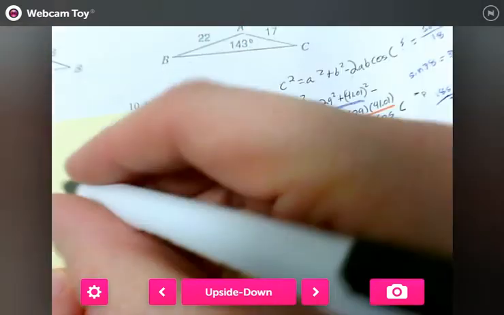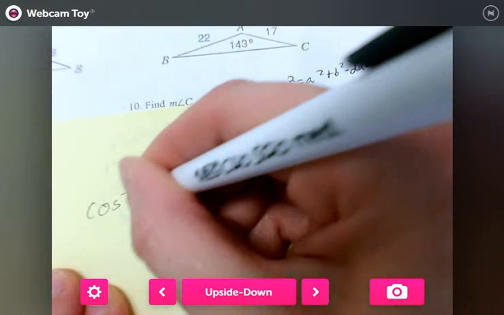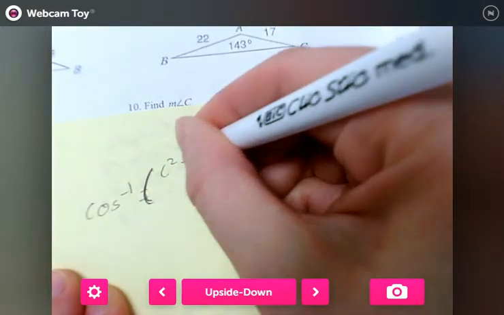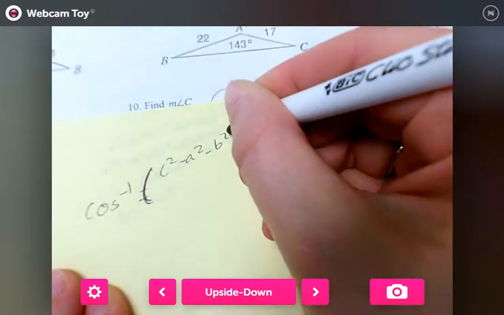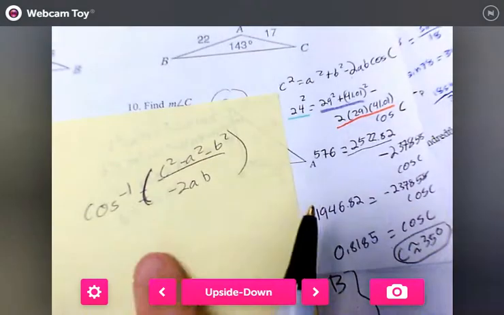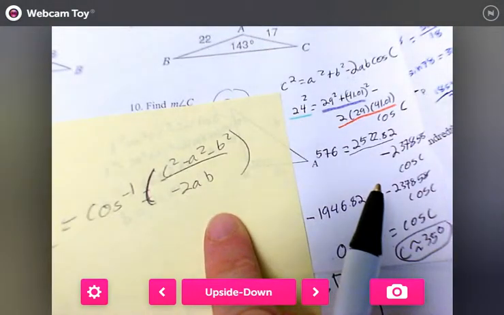So if we're looking for C, we go cosine of negative 1 times C squared minus A squared minus B squared, all over negative 2AB. So if we're looking for angle C, we can put this in our calculator all at once.